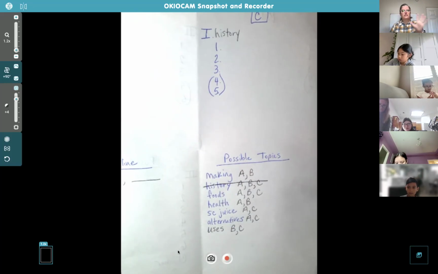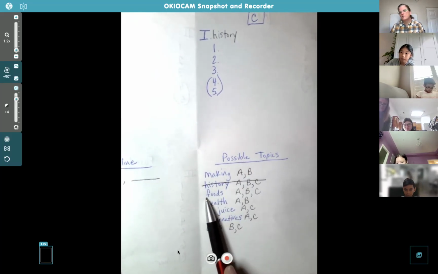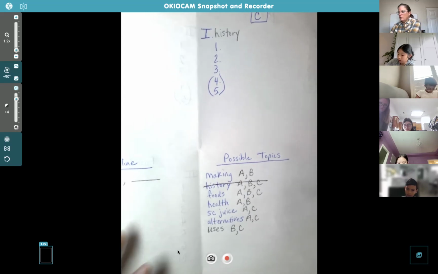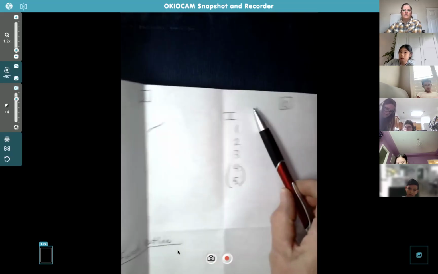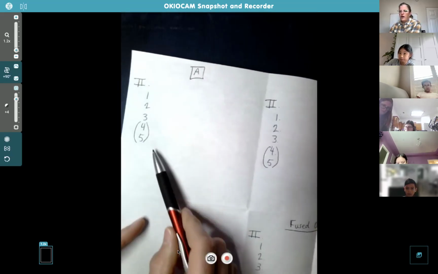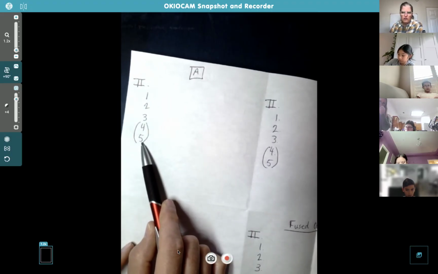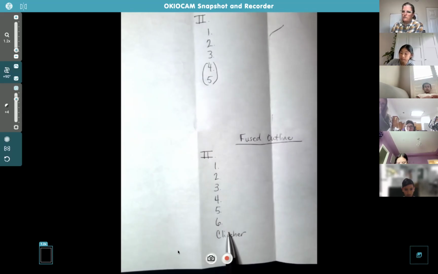So you have plenty to choose from. Okay. So if you want to write about the health effects of sugar, you will only really fill out A and B and not C. We're not going to use that one, but you have to go all the way to 5 because you need to have plenty to choose from for your fused outline.